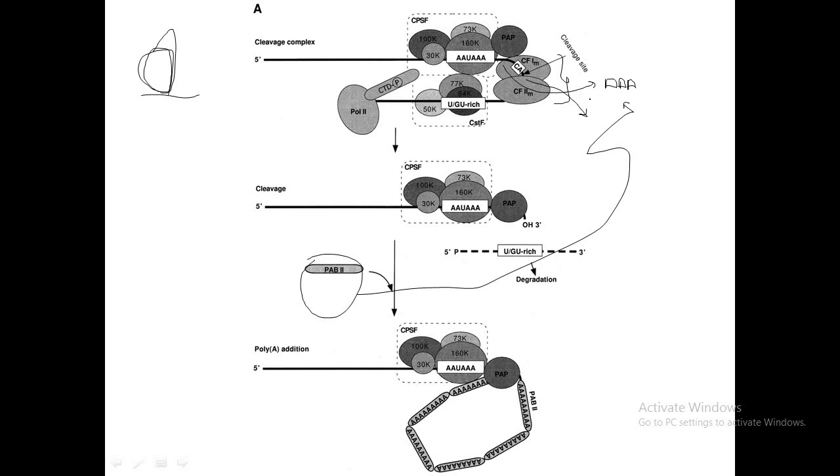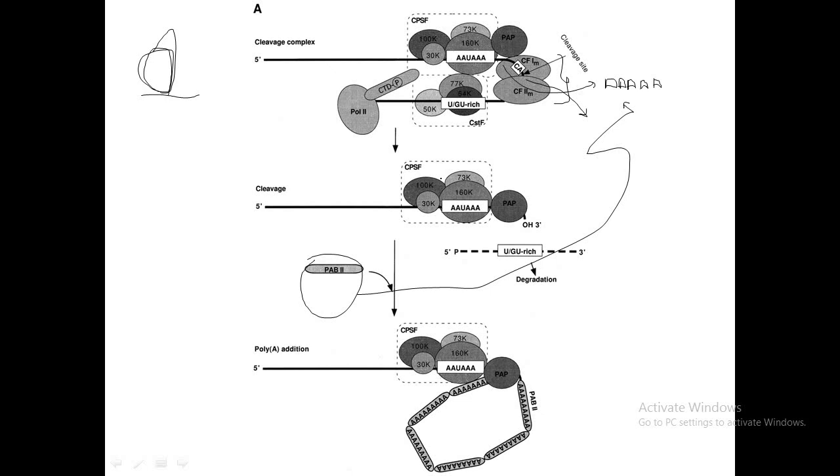So the rate of addition of the poly-A tail is increased by the recruitment of PAB2, which also stabilizes PAP. After all these events, the poly-A tail is formed.